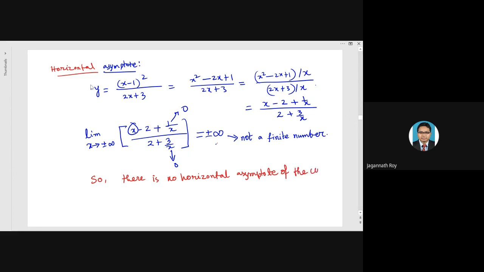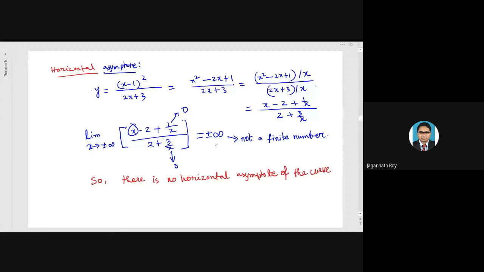Of the curve. In fact, let me show again the curve, y equals to (x minus 1) whole square divided by 2x plus 3.